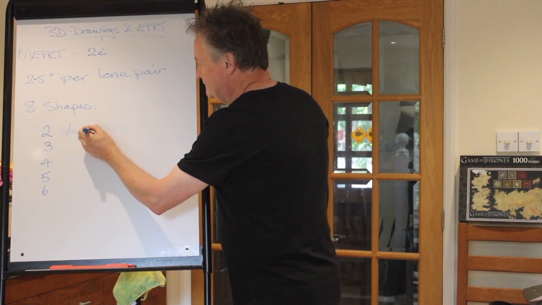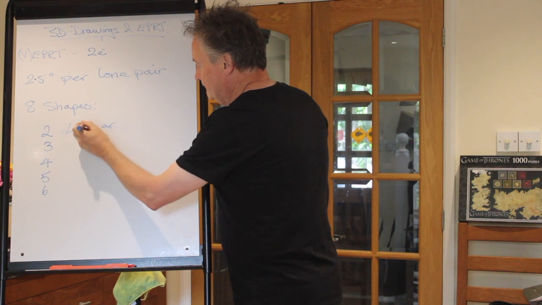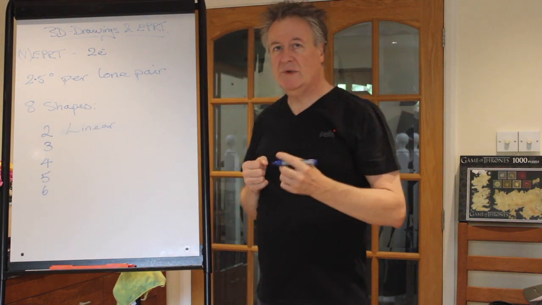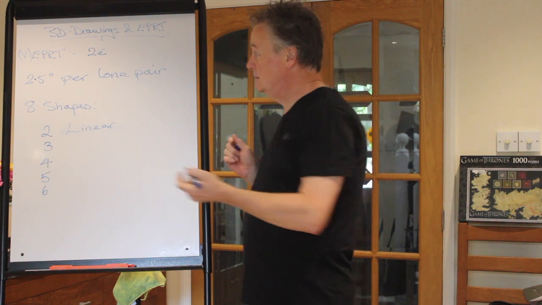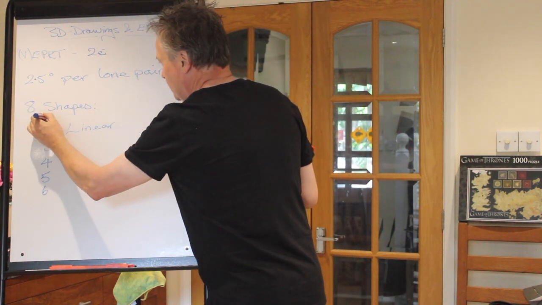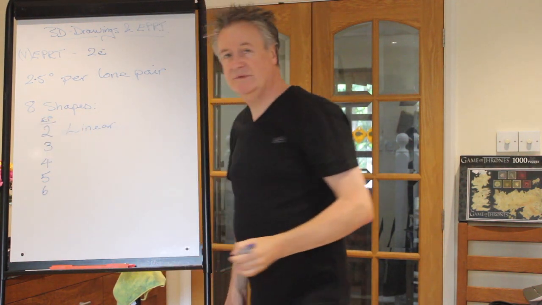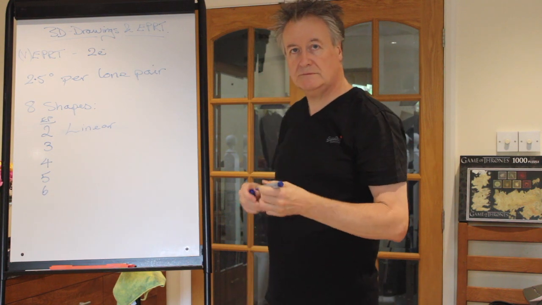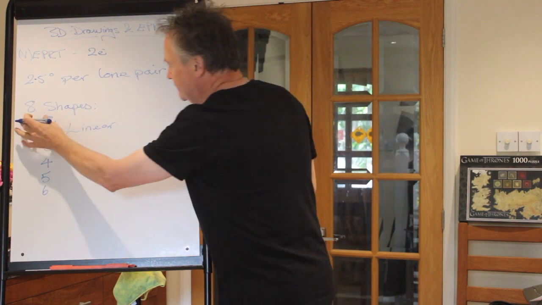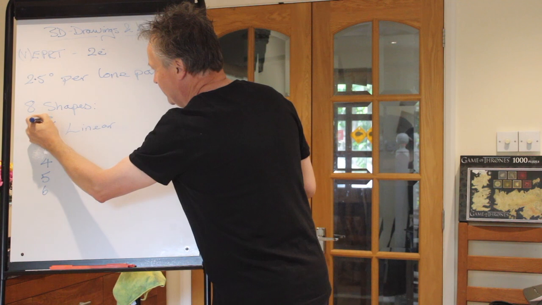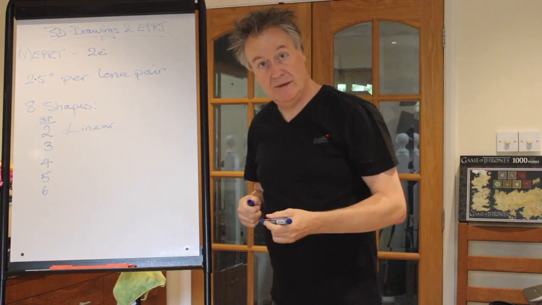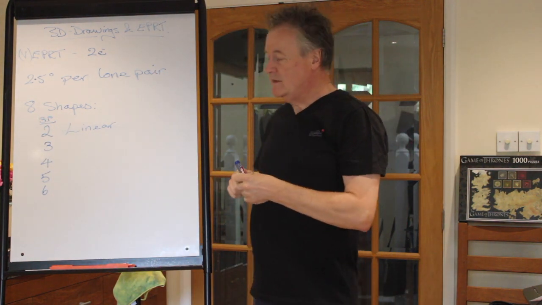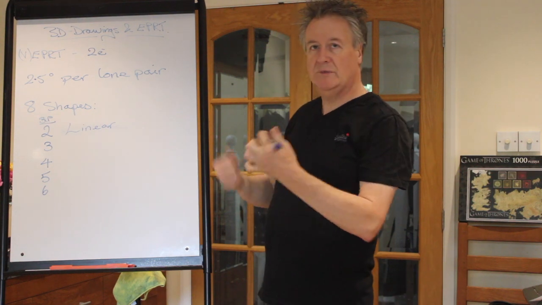So, only one shape for 2. Perhaps I should have said, that's the number of bonding pairs. So when there are 2 bonding pairs, they just push each other away.